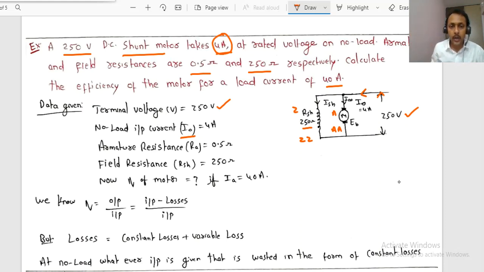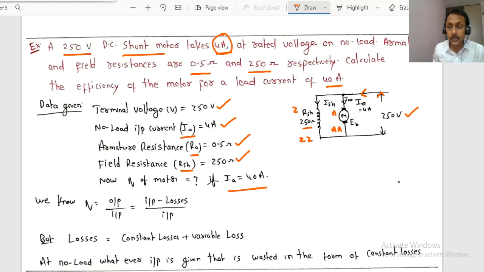No load input current I0 is 4 amps. The armature resistance variable is Ra, 0.5. The field resistance variable is Rsh, 250 ohms. Now, efficiency of the motor if the armature draws 40 amps, that is, Ia equals 40 amps.